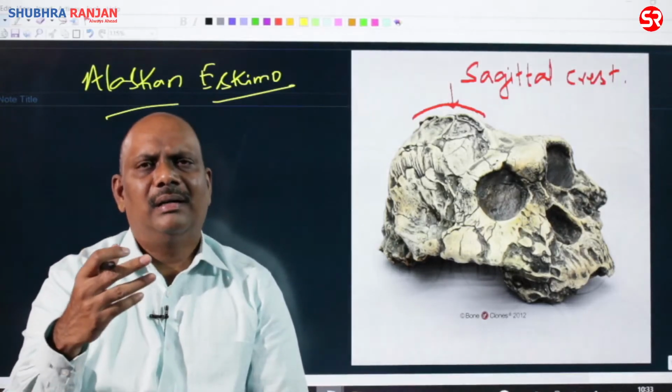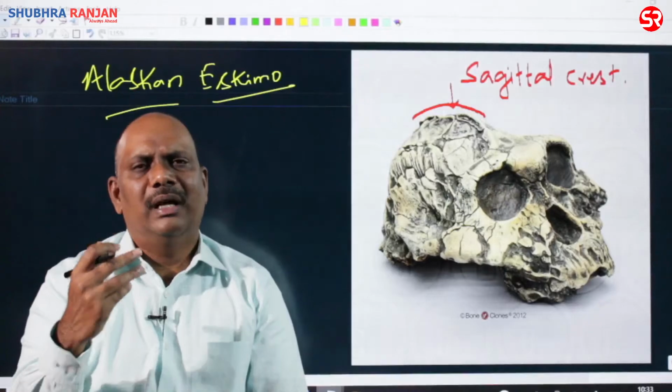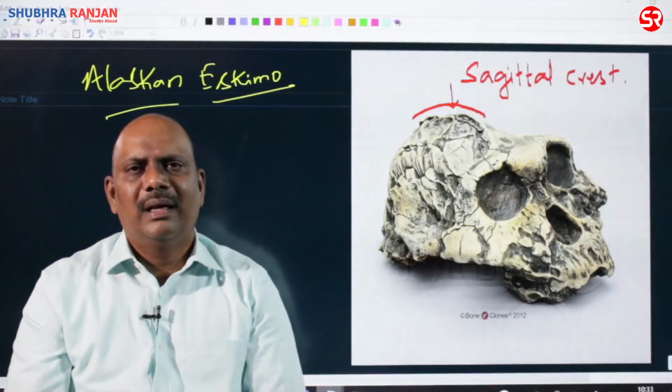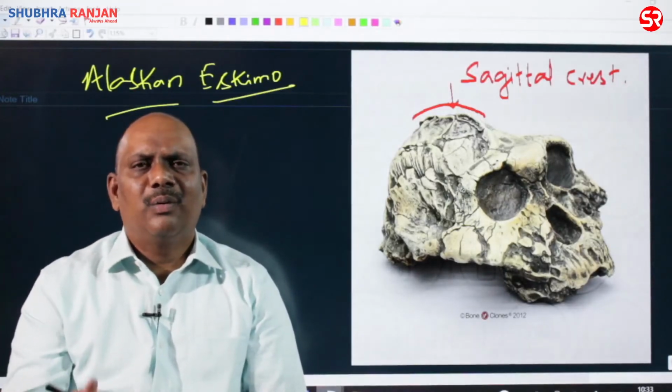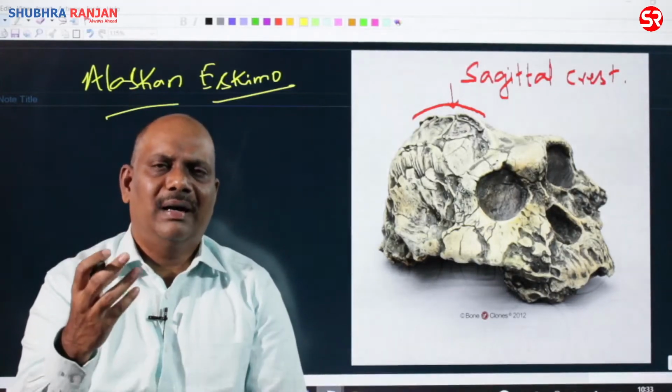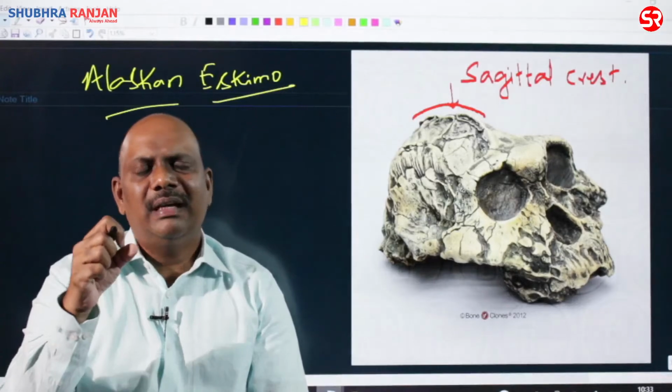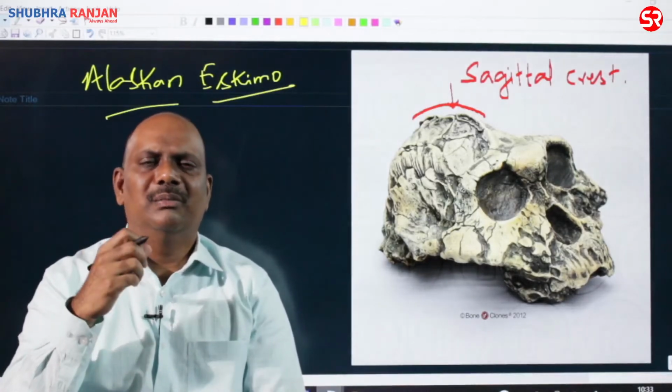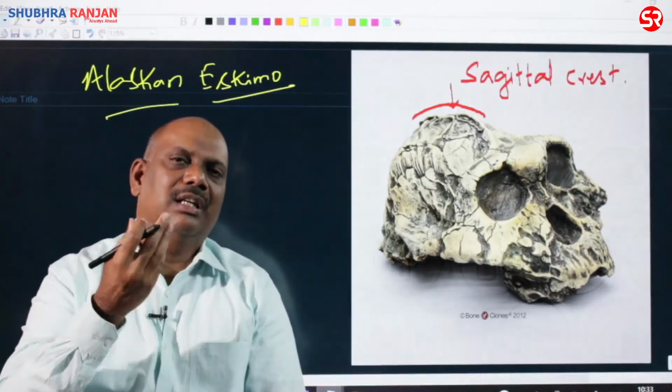But 3 million years ago, when Australopithecus were living, they couldn't hunt these soft animals. Most of the time they hunted animals whose meat was very rough and tough, and they needed to bite and chew so that they could swallow it.